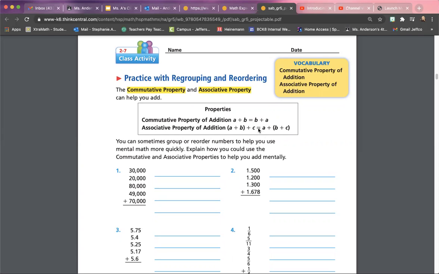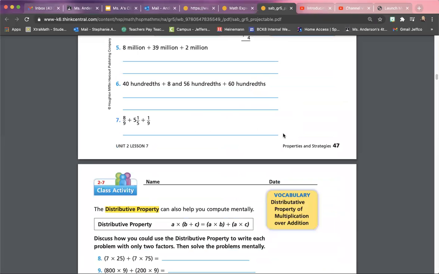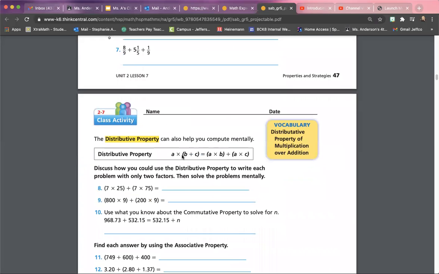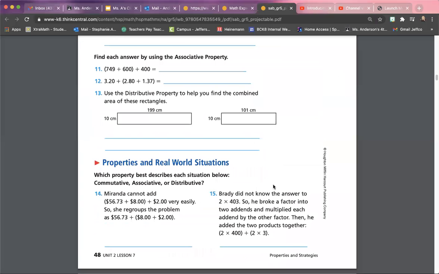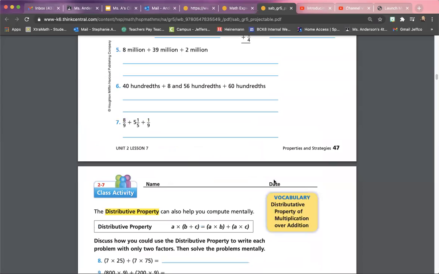Our associative is also with addition, saying that with addition, it doesn't matter where our parentheses are. Distributive all of a sudden changes because now we're multiplying. And basically what we're saying is that number in the front has to be multiplied by all the numbers after in the parentheses. So today, create your mental groups, use what you already know, and then review the 3 properties in our virtual classroom.